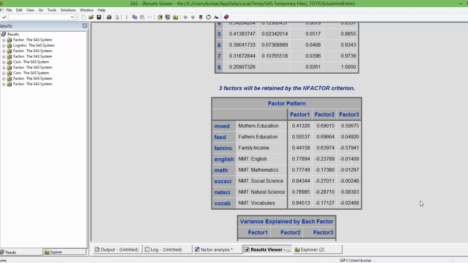Remember the way we group the variables. I talked about how to group variables, right? Now, when you have 3 factors, look at the coefficient which is the highest among all 3 coefficients of the 3 factors. For the first variable, it's the factor 2 coefficient. Second variable, again, it's factor 2. Similarly, in the third variable also, it's factor 2.